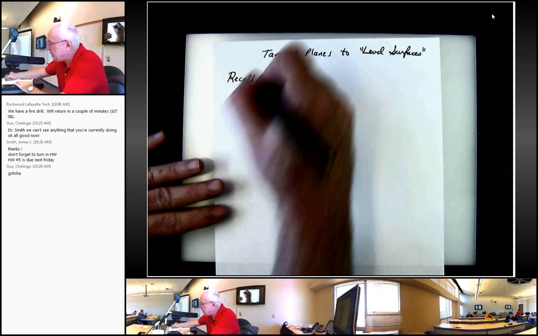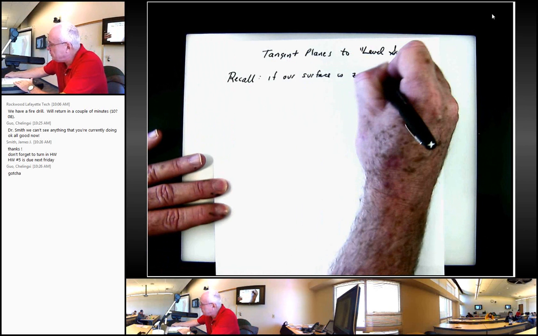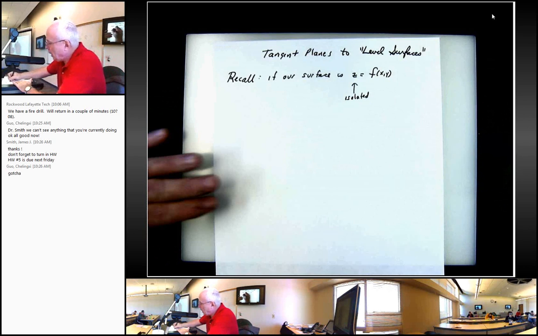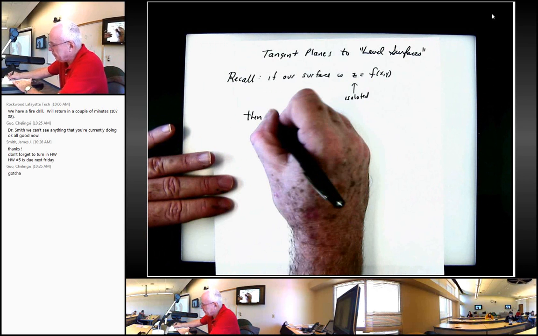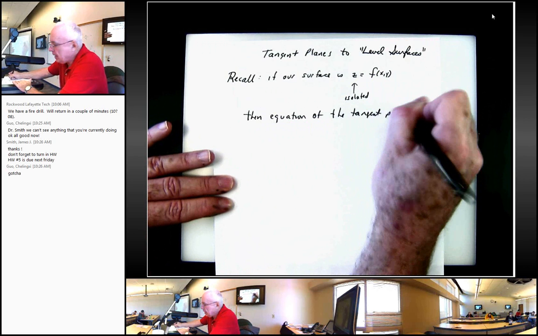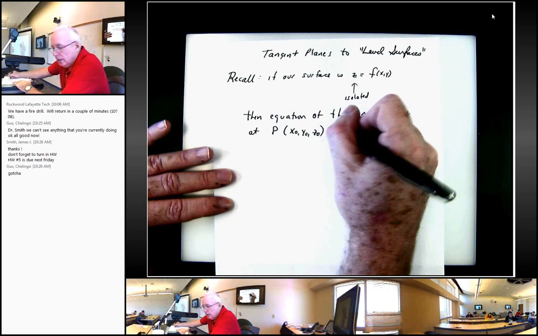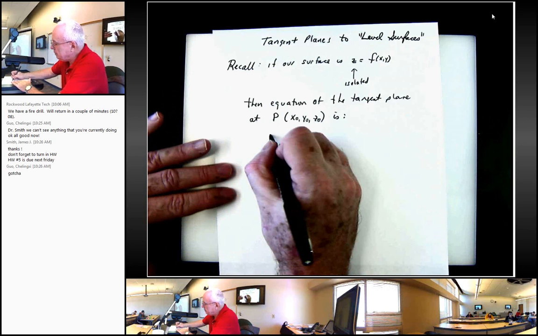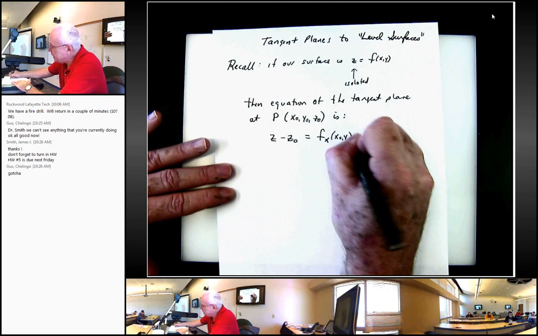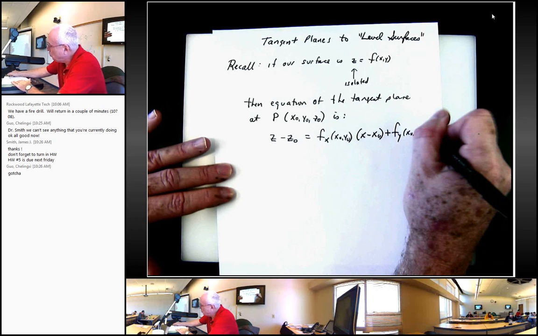If our surface is z equals a function of x and y, in other words, z is isolated all by itself on one side, then the equation of the tangent plane at point x naught, y naught, z naught on the surface is the following. z minus z naught equals fx at x naught, y naught times x minus x naught plus fy of x naught, y naught times y minus y naught.